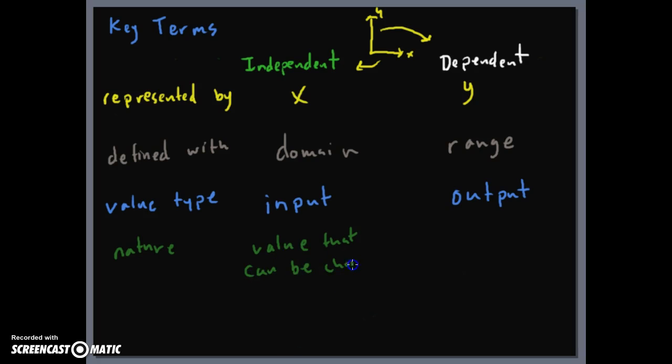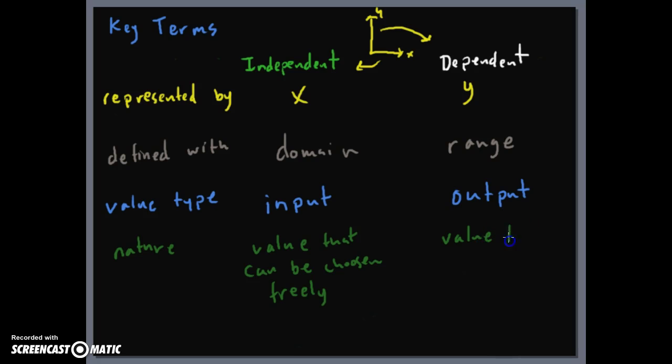We'll see this more in the next lesson when we start getting into functions. But this is a value that you get to choose, or you get to control. Like in a science experiment, the independent variable is the variable that you get to manipulate. The dependent variable you do not choose. It is a value that you observe or you measure based on what you chose for the independent variable.